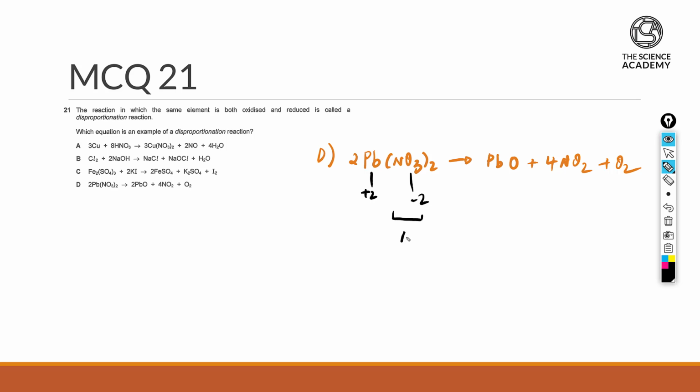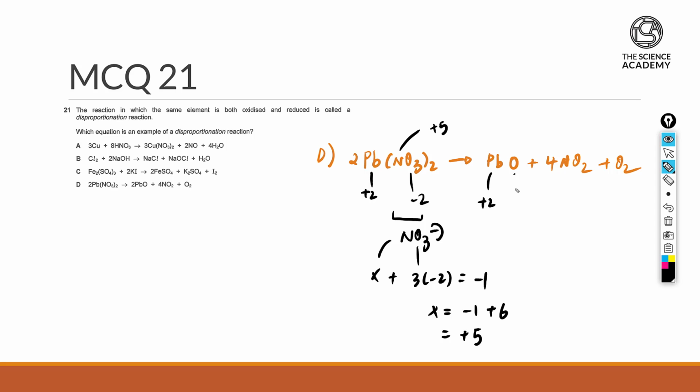Again, treating the whole NO3 minus: 3 times -2 plus X to represent the oxidation state of nitrogen, and this equals -1. X would be -1 plus 6, so I'm going to go with +5 over here. Lead-2 stays as +2. Oxygen is -2. Nitrogen is +4. And elemental oxygen is at 0.